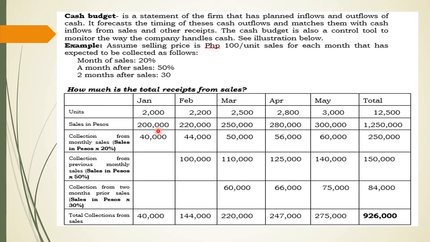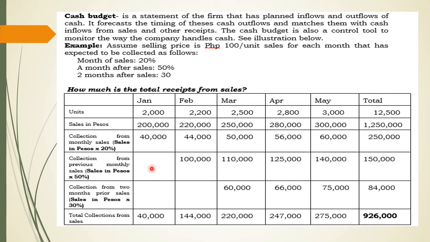Sales in pesos or collection is 200,000. Then it says month of sales is 20%. So, 200,000 times 20%. Kaya mao ni siya ang month of sales. Sales ani nga month. Times 20%, you will receive 40,000.